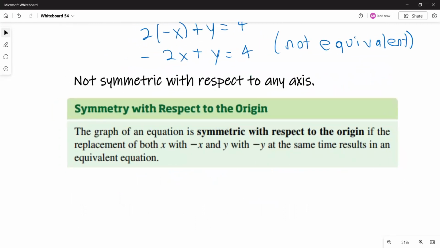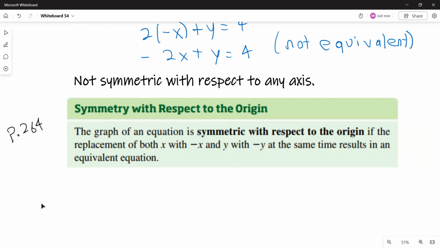That's on page 264. The graph of an equation is symmetric with respect to the origin if the replacement of both x with the opposite of x and y with the opposite of y at the same time results in an equivalent equation.